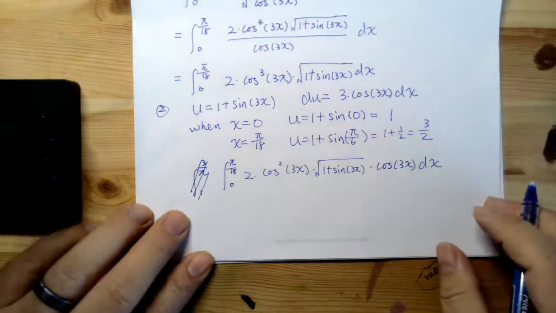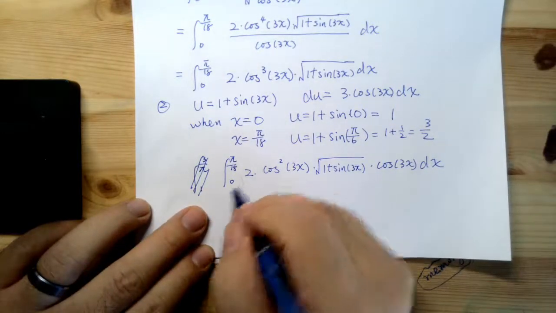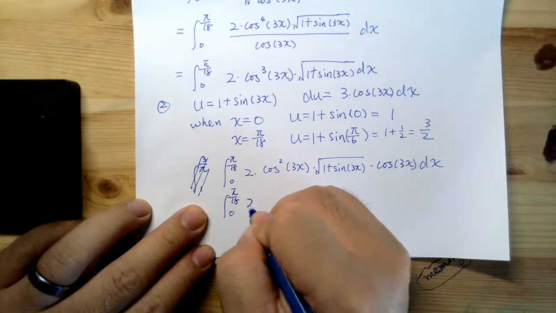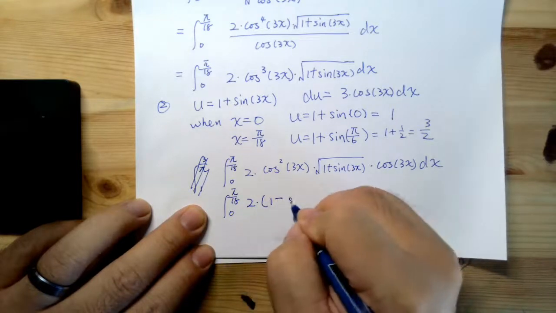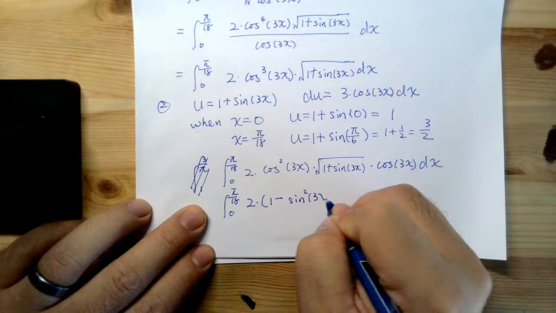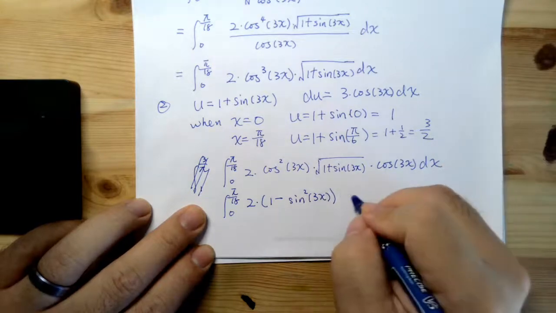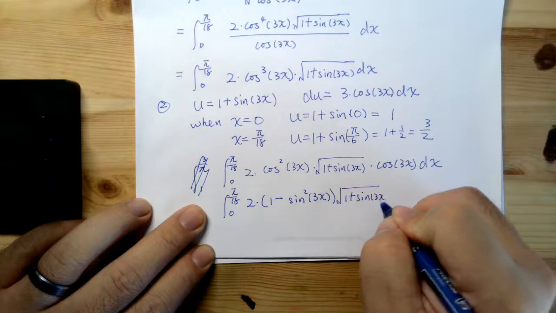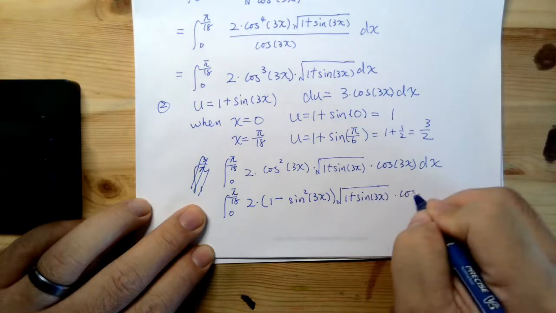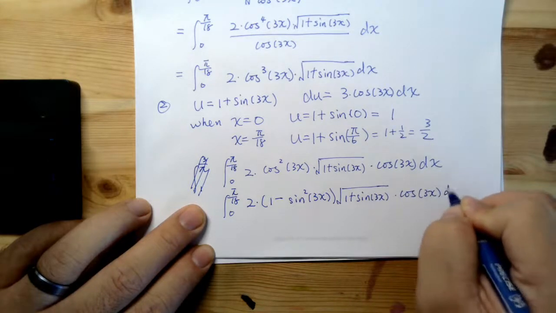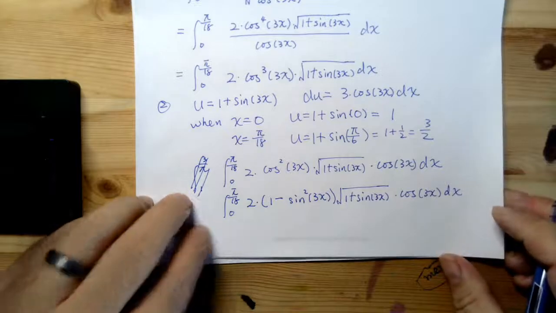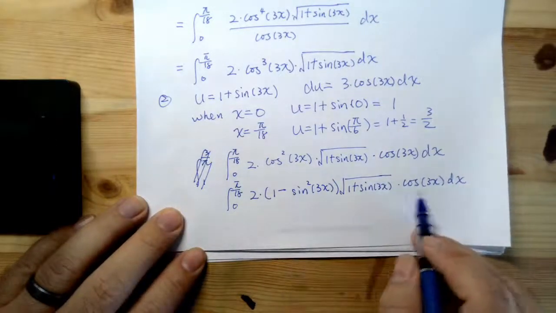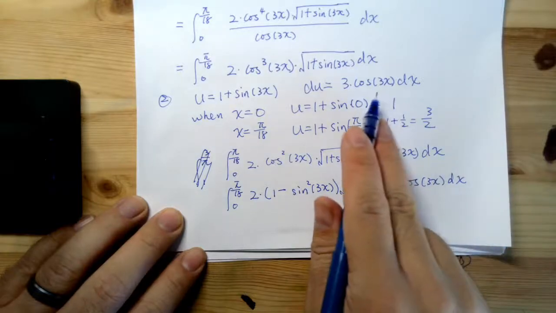So it's from 0 to pi over 18, 2 times 1 minus sine square 3x, and then times 1 plus sine 3x times cosine 3x dx. In this way, it's more clear because we can make the u substitution here, cosine 3x dx. We can also handle it here.